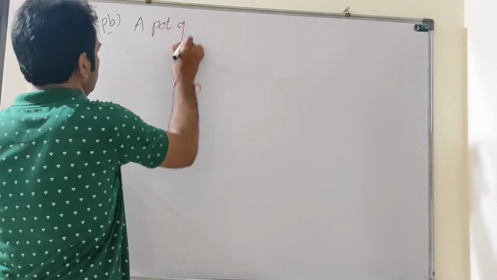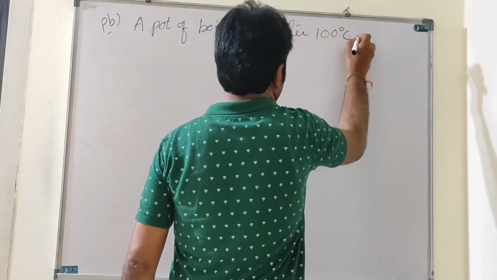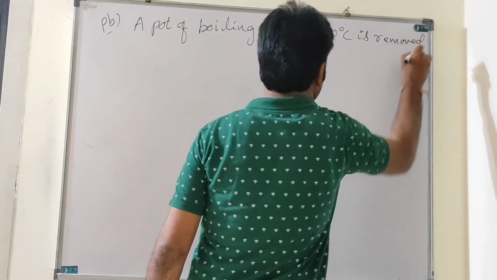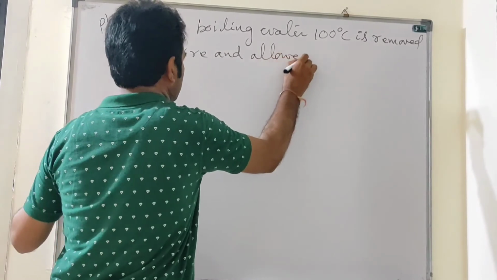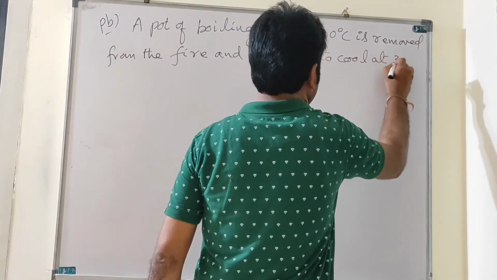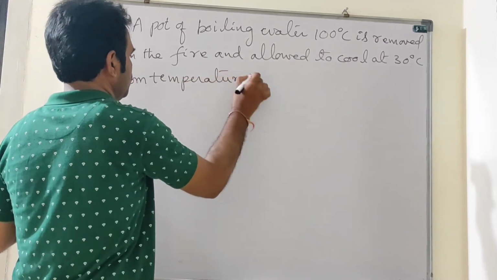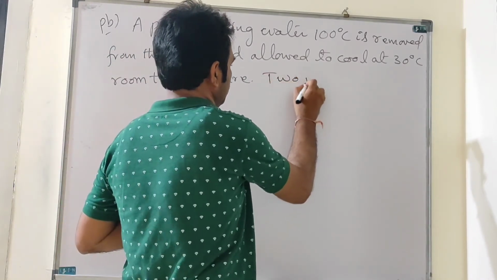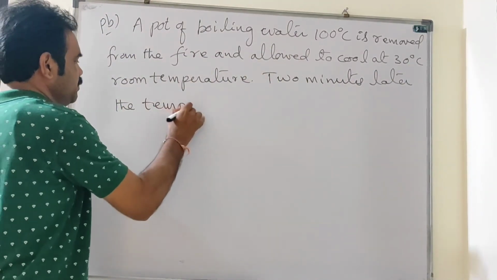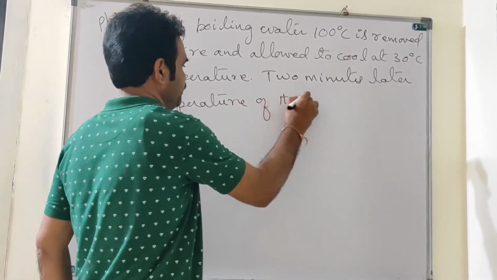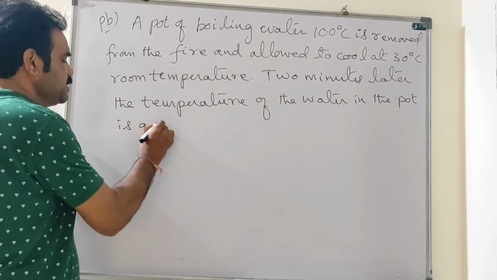A pot of boiling water (100°C) is removed from the fire and allowed to cool at 30°C room temperature. 2 minutes later, the temperature of the water in the pot is 90°C.